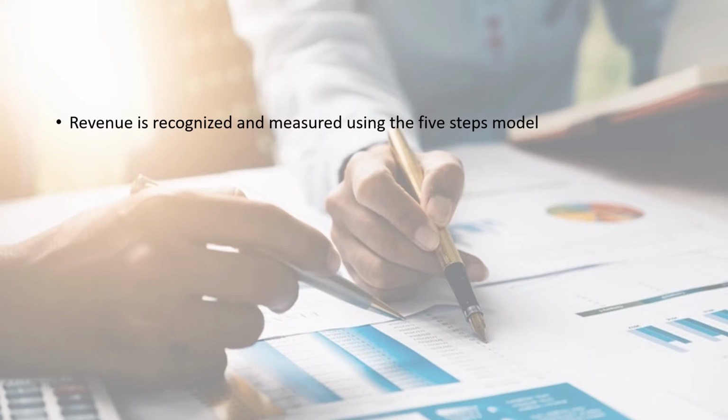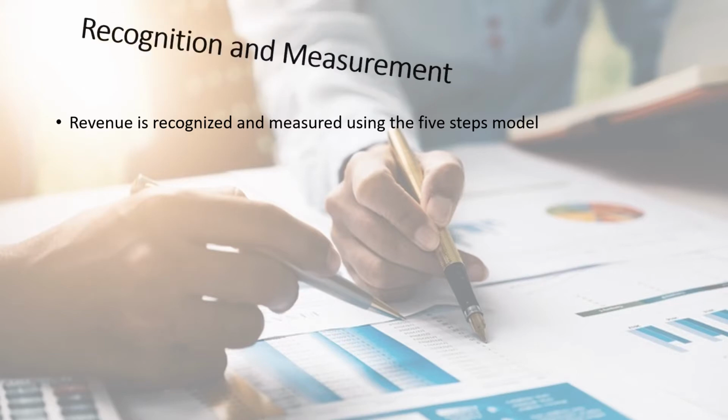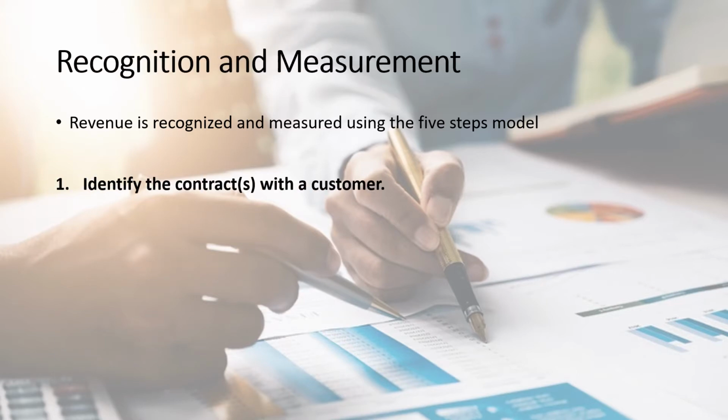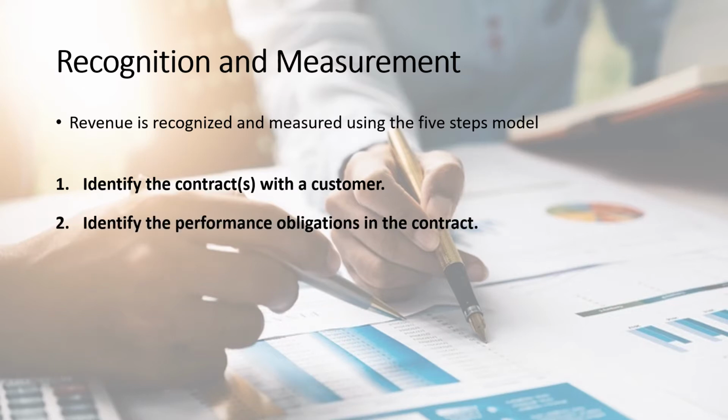Under SLFRS-15, revenue is recognized and measured using the 5 steps model. First one is identifying the contract or contracts with the customer. Second, identify the performance obligations in the contract. Third step is determining the transaction price.